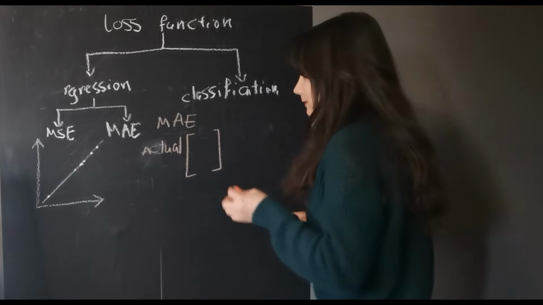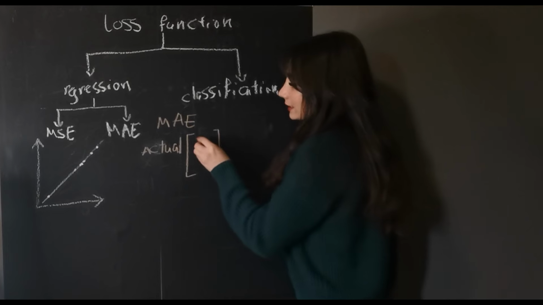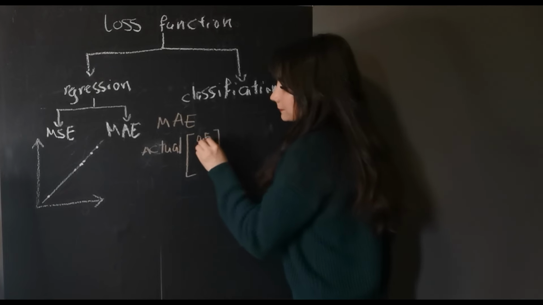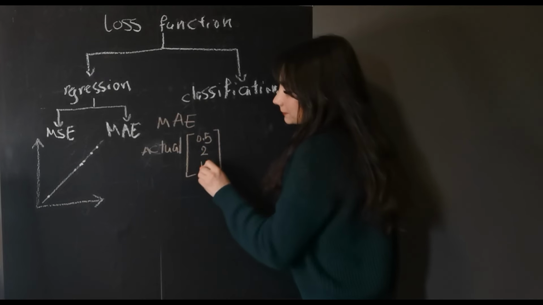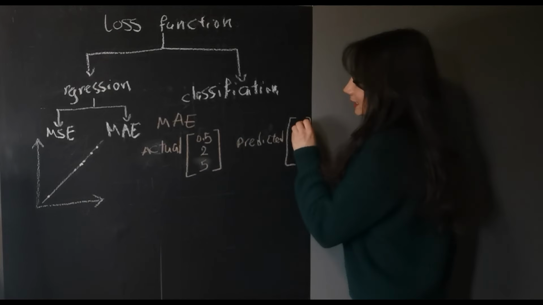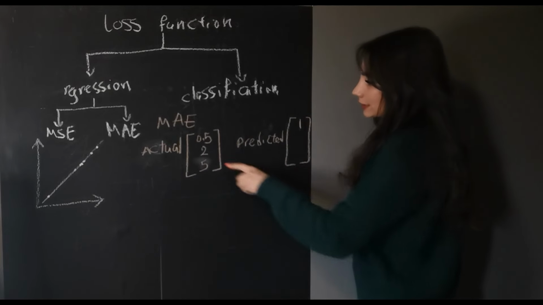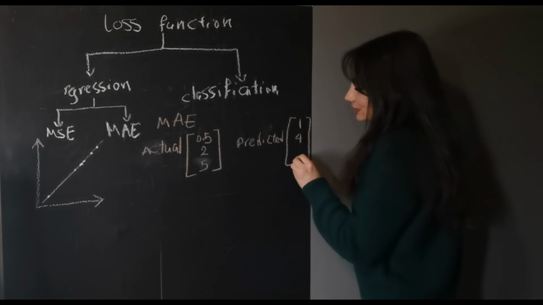So the actual is the value that we gave. I'm going to put 3 random numbers here: 0.5, I'm going to give 2, and I'm going to give 10. And then for predicted, I'm going to give 1 for the first one, 4 for the second one, and for this one, I'm going to give a 10.